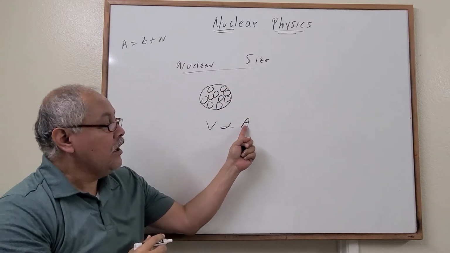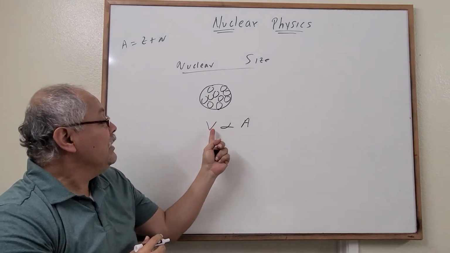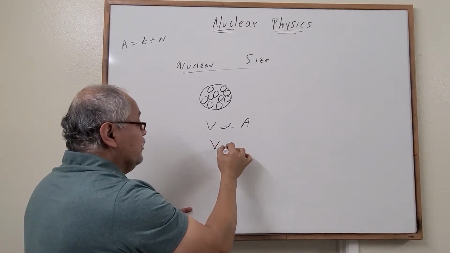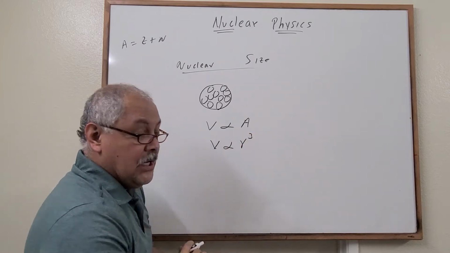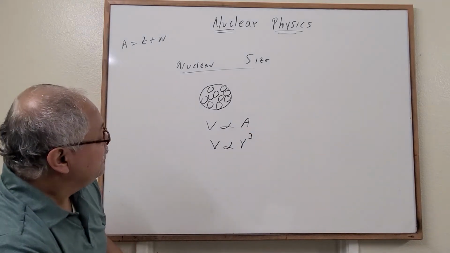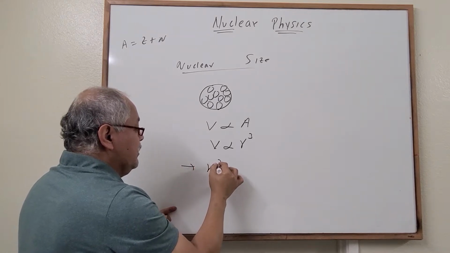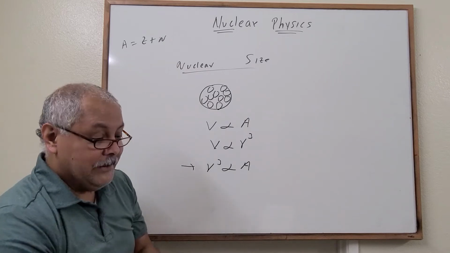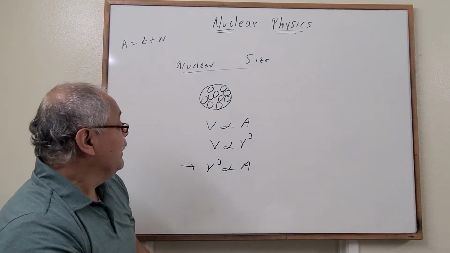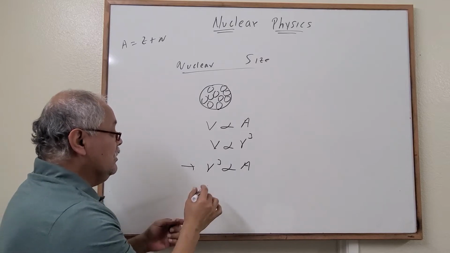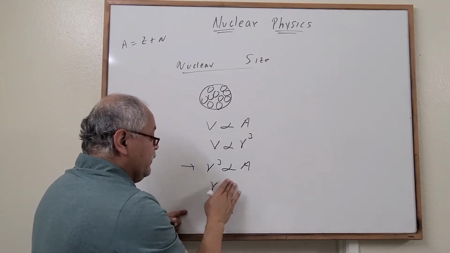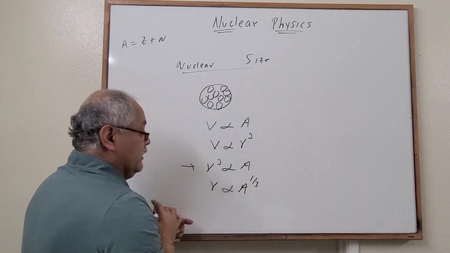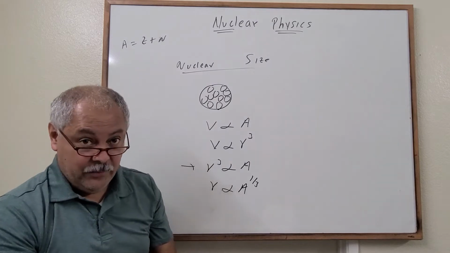If we increase the number of nucleons, we increase the volume. But also because this is a spherical shape, the volume is proportional to the radius cubed. From here we can deduce that the radius cubed is proportional to the number of nucleons, the mass number A. Also, we can say that this radius is proportional to A to the 1/3.